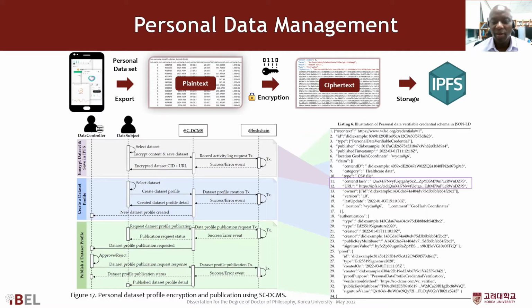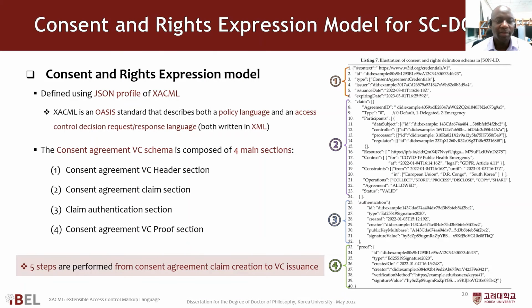And finally, we have the proof section, which is issued by the data controller upon approving the publication of the dataset on the blockchain and issuing the verifiable credential, which will be used as a consent agreement. The agreement and action rights model is defined using a JSON profile for XACML.